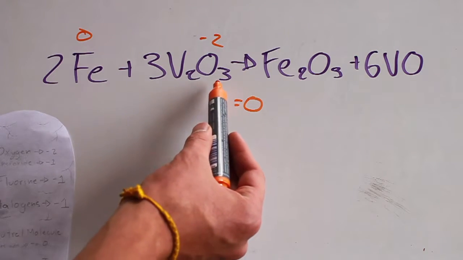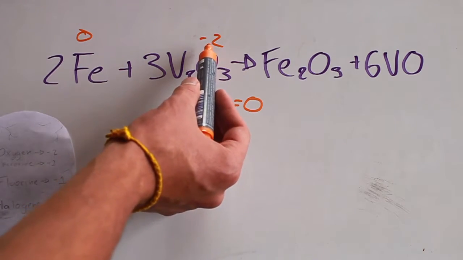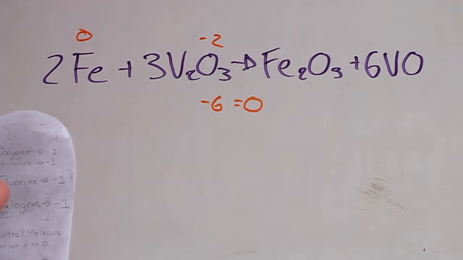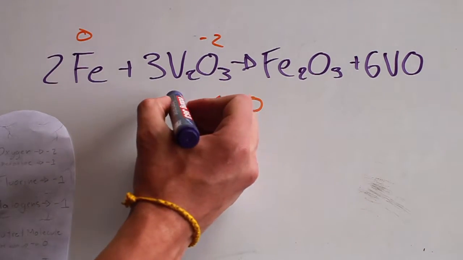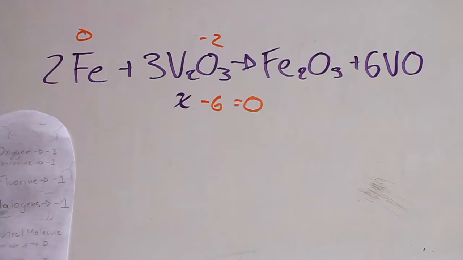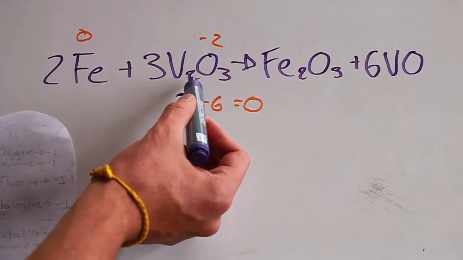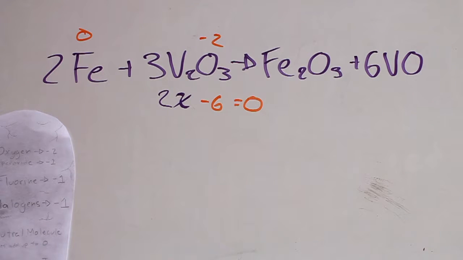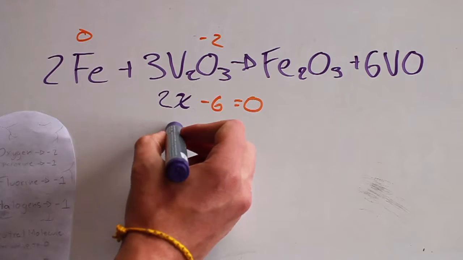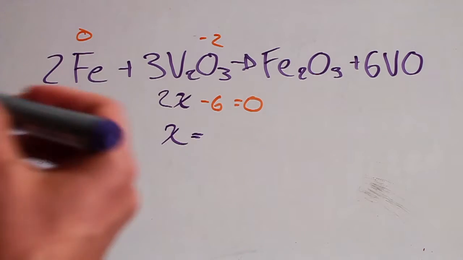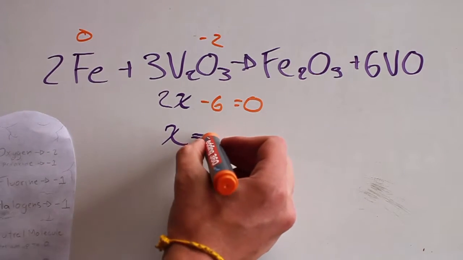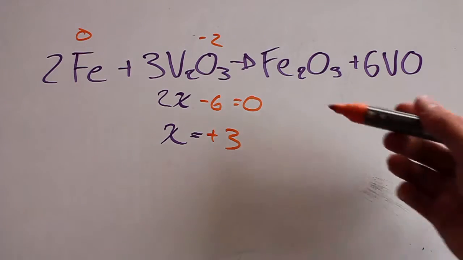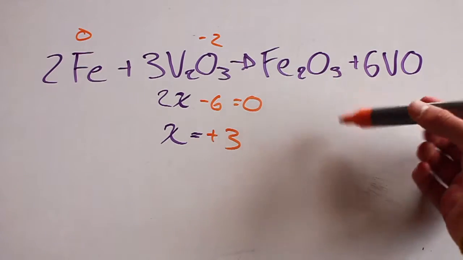Because we have 3 oxygen atoms with an oxidation state of -2, we subtract 6, and we assign X to vanadium. In this case, we have 2 vanadium atoms, so we assign 2X to it. If we solve for X, we find that the oxidation state is +3.